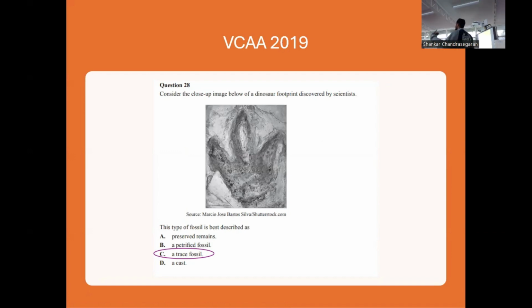So it's indicating the presence of the organism, but it has no trace of the organism itself, right? Basically, anything like a nest, a habitat, a footprint, anything like that is a trace, because we can say that the living thing left that, the living thing built that. But the living thing itself was not found there. So that's why it's called a trace fossil.